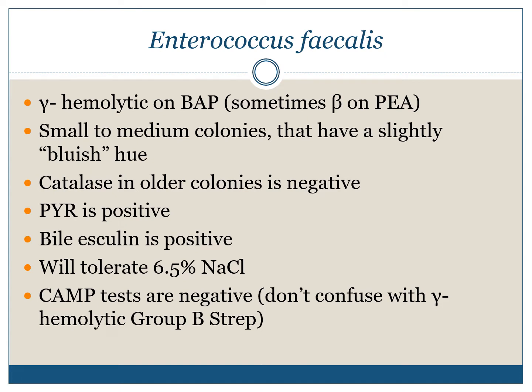Remember, it is important to speciate Enterococcus for correct antibiotic choice when treating infections. We want to make sure that we're not dealing with a vanco-resistant Enterococcus, or if we're dealing with a non-vanco-resistant Enterococcus, we just want to make sure that our organism is susceptible to the aminoglycosides. So let's take a look at a picture of Enterococcus faecalis in the next slide.